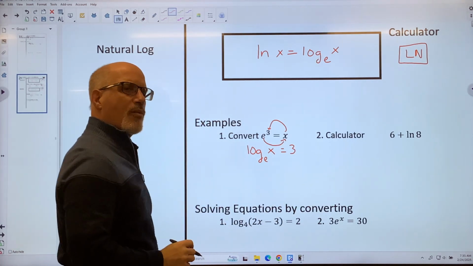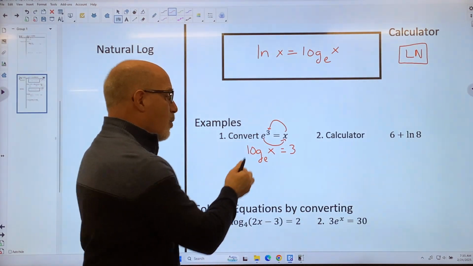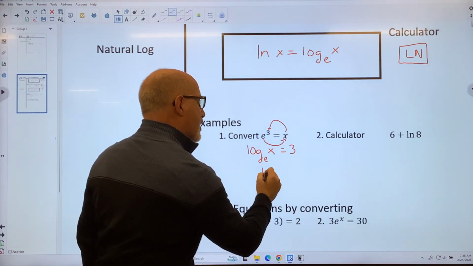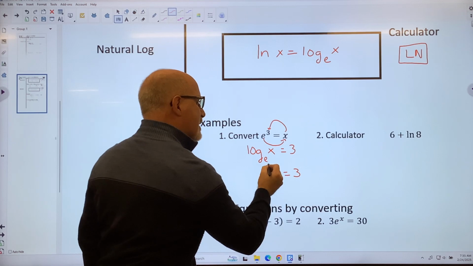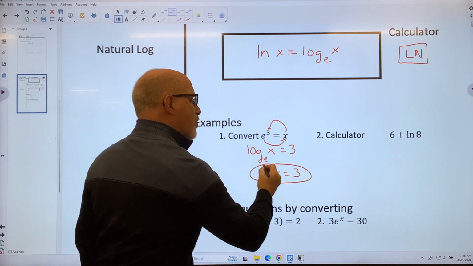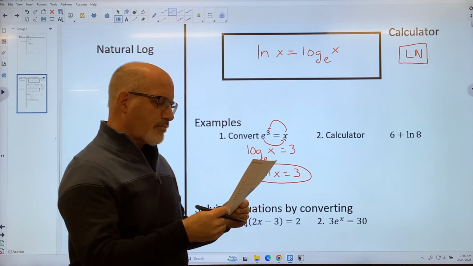Okay, that's how we would write that when it comes to writing out the log with the base. Well, we can do this as shorthand and write it just as natural log of x equals 3 instead of doing the whole log base e. It will be the shorthand version of doing that.